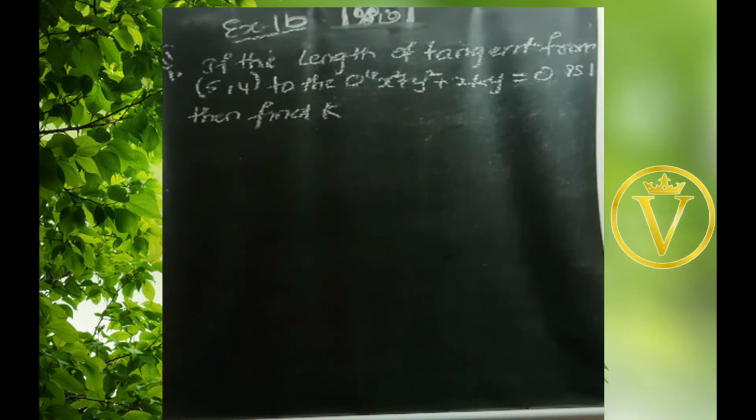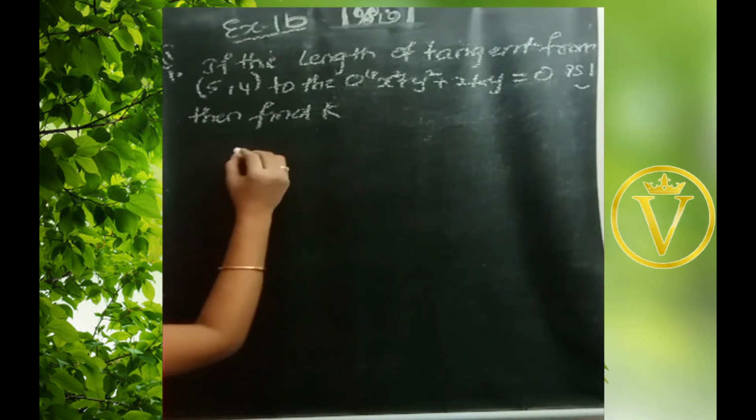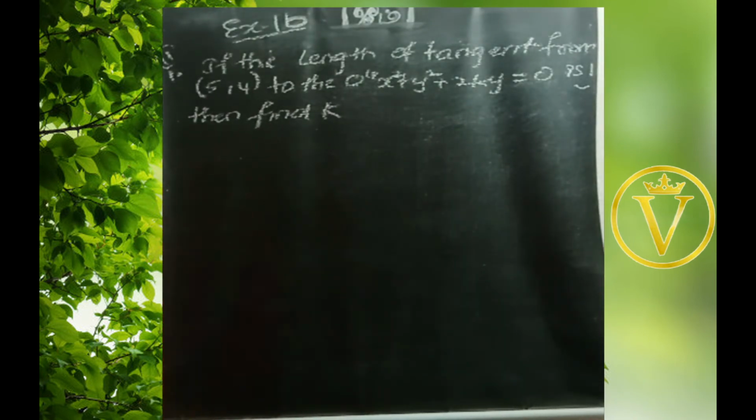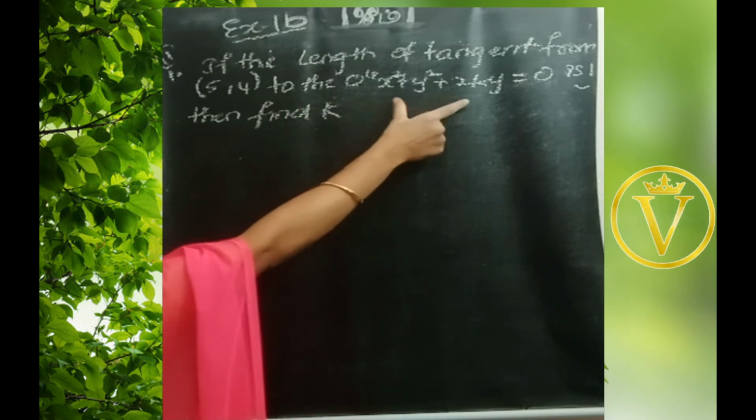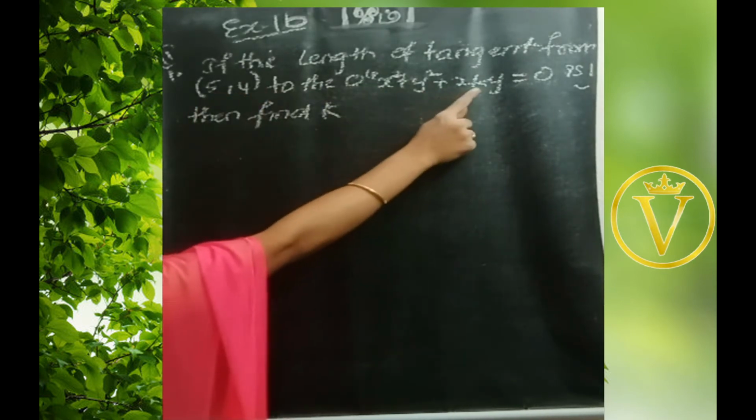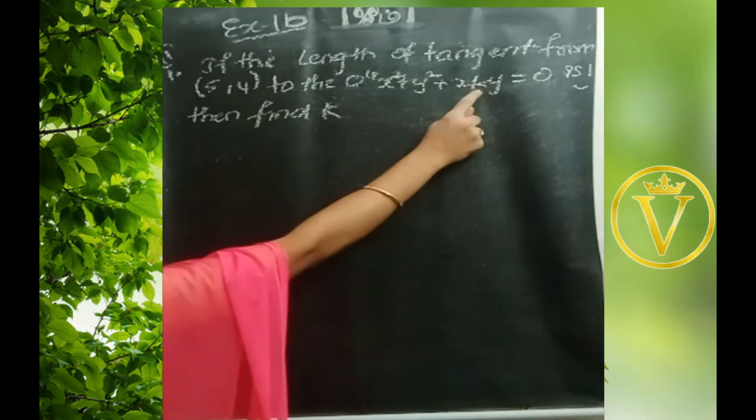So the next problem is the second Roman of the first problem. If the length of the tangent from a point to the circle equation is 1, that means they have given root S11 is 1, and they have given one expression and a point. Now we have to find this k value.